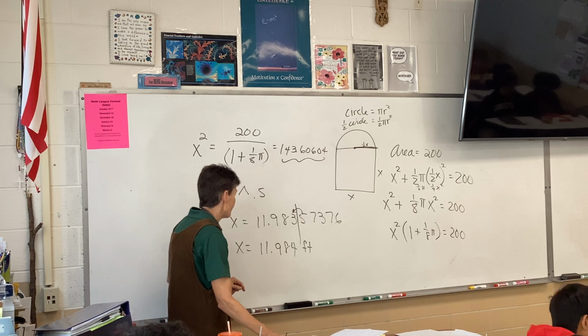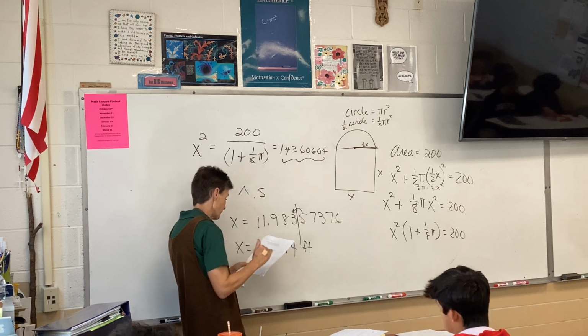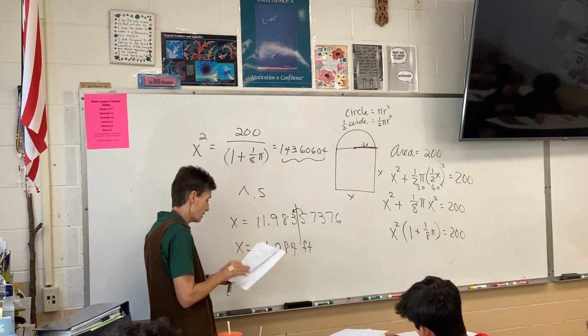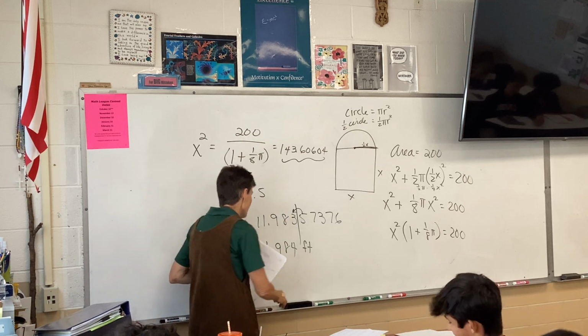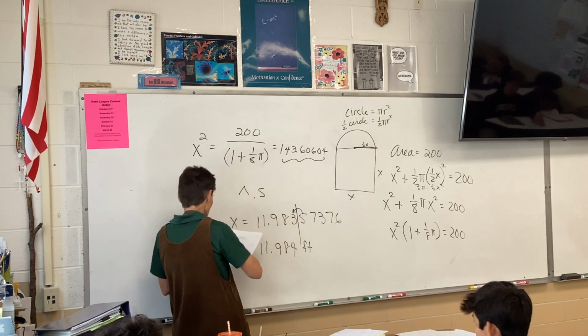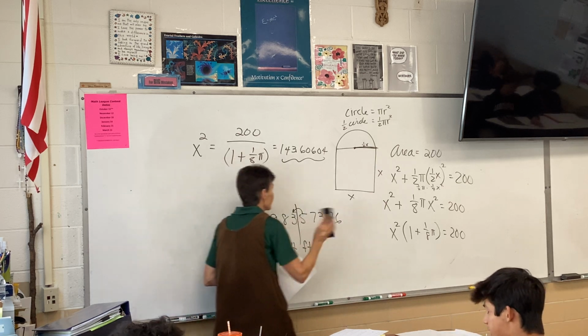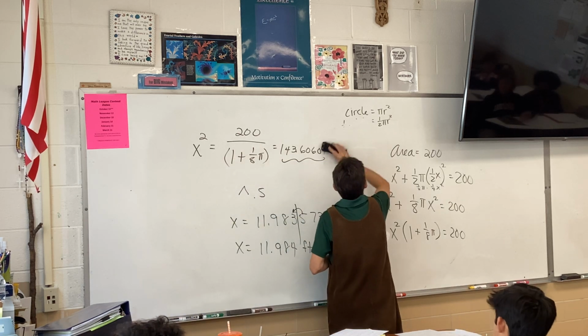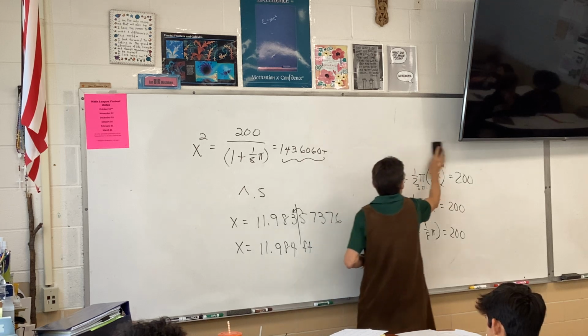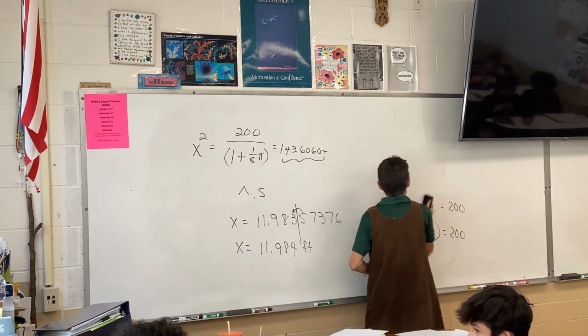Okay, number 7, this is totally switching gears now. Finding the center and the radius of a circle. So this is like totally not this. I actually thought we did this before, but we didn't.